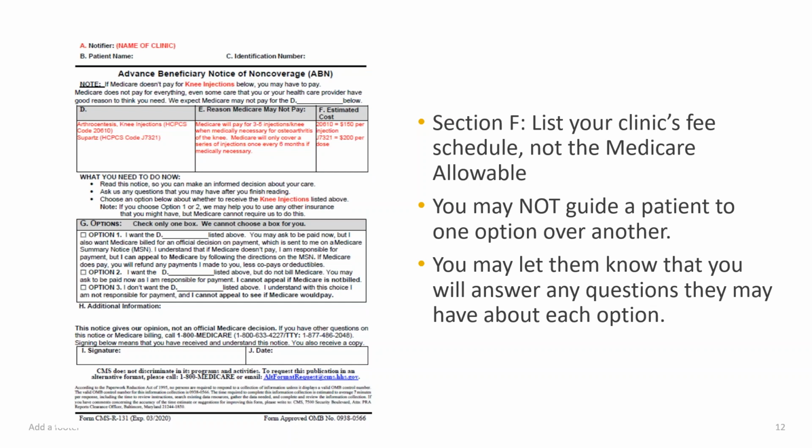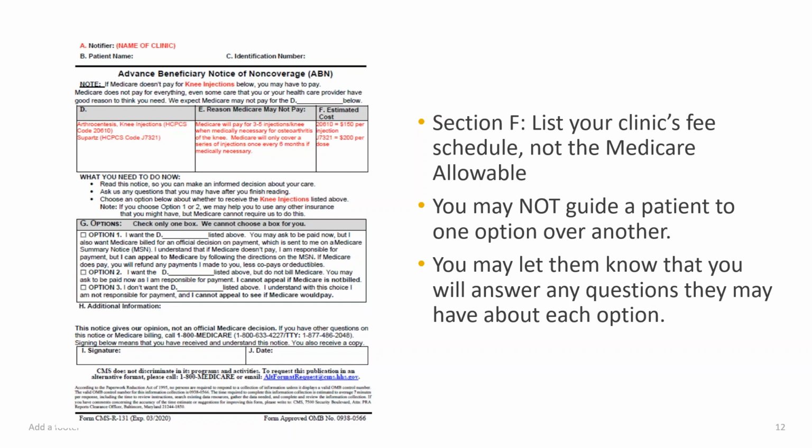You can let them know that if they have any questions about the different options, you would be happy to answer them. But folks, you have to make sure you do this right, because I have seen situations where the office would say, well, you're just going to want to pay cash for this so you can get the discount, so you need to choose option 2. You cannot do that.